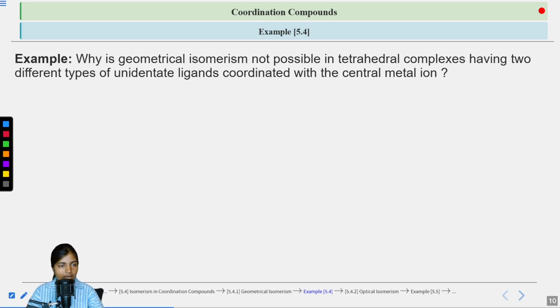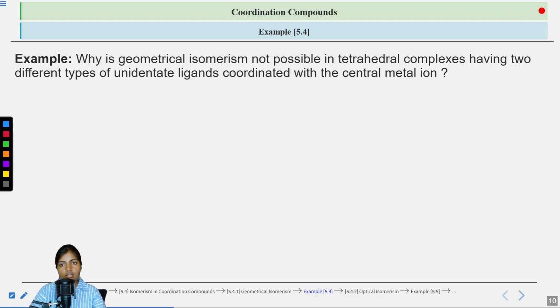To show geometrical isomerism, we need to place the two unidentate ligands adjacent to each other or opposite to each other, right?